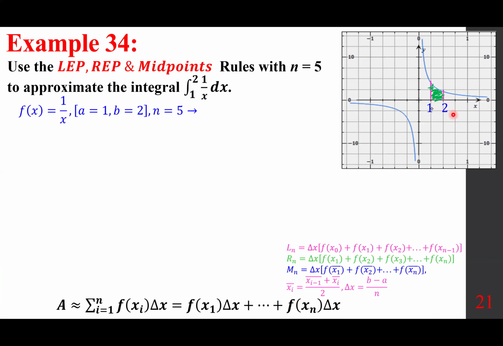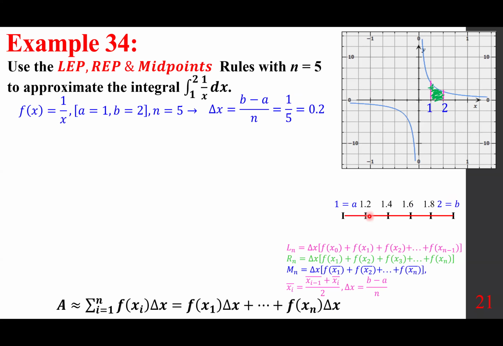From 1 to 2, we draw a line segment and we cut it into n, that means 5 pieces, and each one is 0.2, then 1.2, 1.4, and so forth. So delta x is b minus a over n, or 1 over 5, or 0.2.